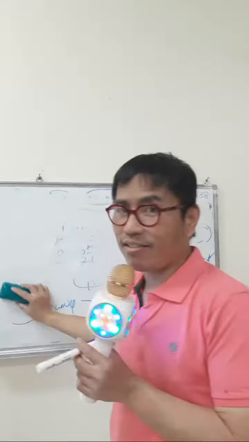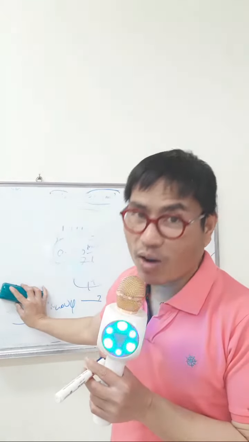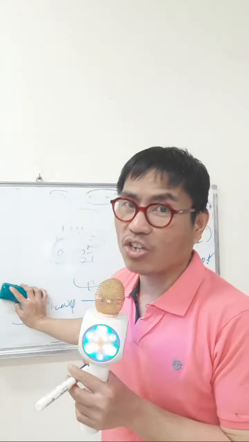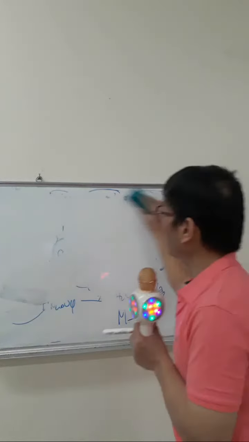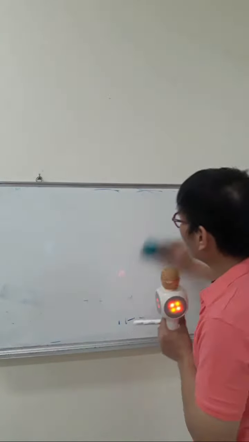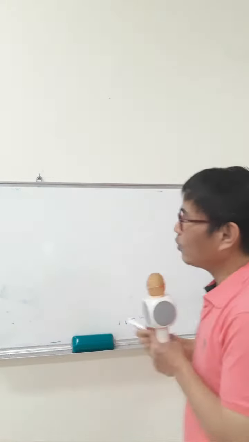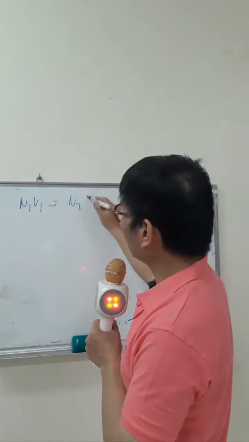Because the conventional method and the conversion method give an equal answer to the formula equation we use. Okay, guys. Now, I will also teach you normality. Normality, in 1V1 and 2V2.